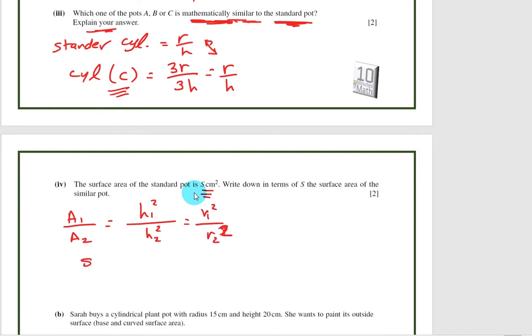So area 1 is S divided by area 2 is equal to R over 3R, squared. So R squared is R squared. So area 2 will equal 9S. 9S. Okay.